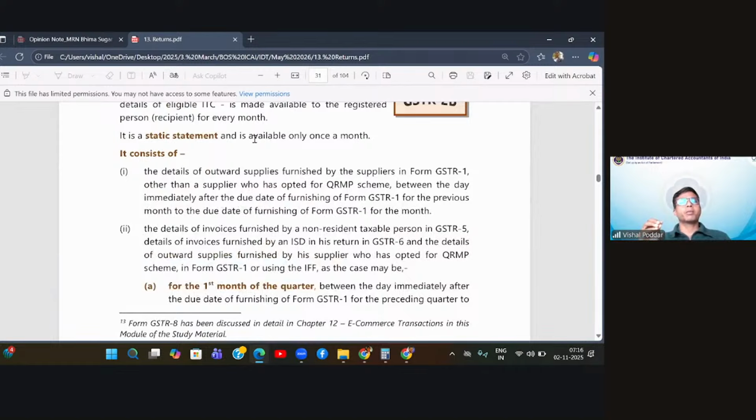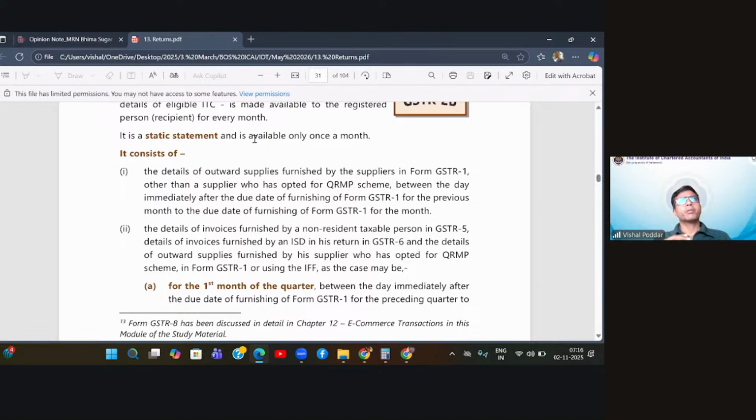Now, if the monthly supplier has filed his GSTR1 by 11th November, you will be able to see the details in your October month's 2B itself.